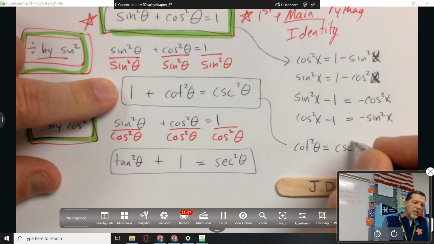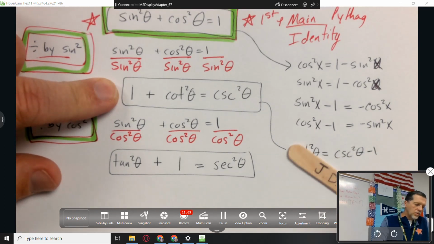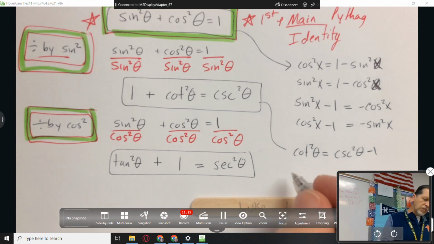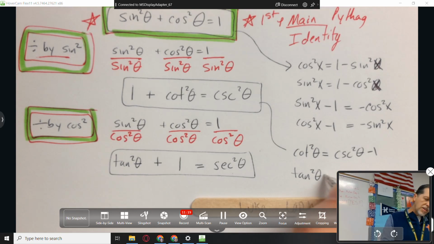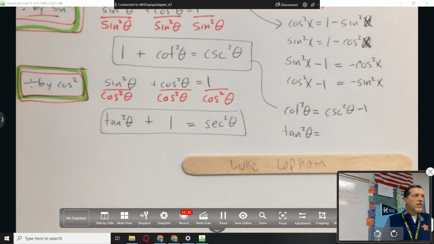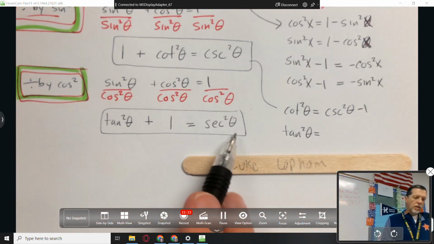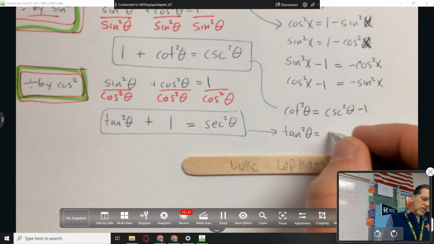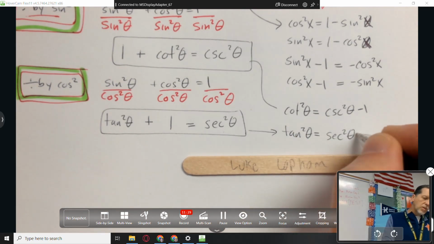Good. Or cosecant squared minus 1. And if I rearrange this last one, Luke, to solve for secant, no, it's already solved for secant. To solve for tangent, I rearrange this to solve for tangent. Secant squared minus 1.